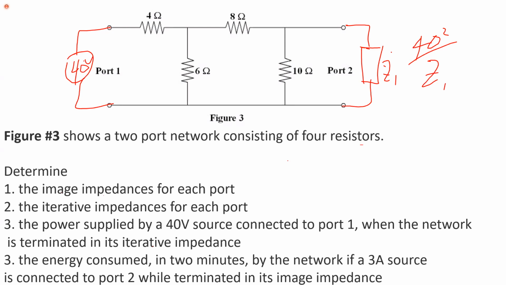And you calculated the image impedance at port 1 to be 7.946. Terminate the network in its image impedance and work out the total impedance going towards the source for me, please. While you do that, I will upload question 4.